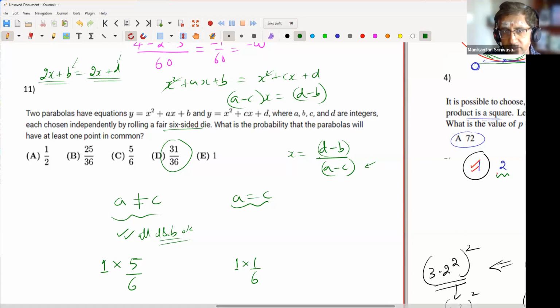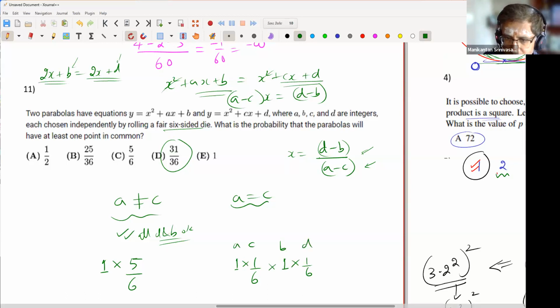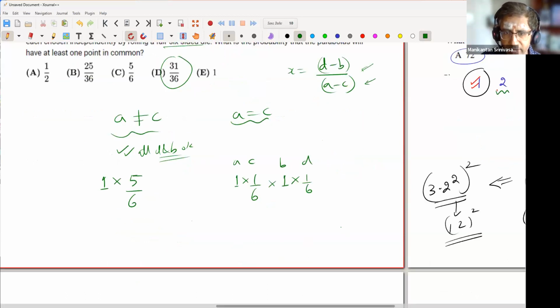Only then, in this fractional form, it will seem like 0 by 0. But if you resort back to writing it this way, let's say a and c were 2 each. So 2x plus b must match 2x plus d, which means b must match d. So b can be anything, but d must be in compliance with that. So with 1/6 probability for c, and 1/6 for d. So this is my a, this is my c, this is my b, and this is my d. Which is 5/6 plus 1/36, which is 31/36 indeed.